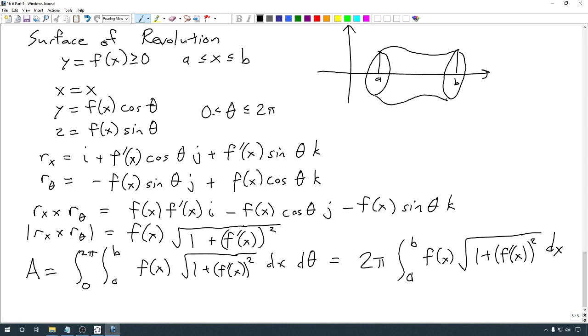This was in that part of Calc 2, but maybe not as memorable. But the point here is, once again, we have verified that the very general formula that we got for areas of surfaces that are parameterized does agree with all the formulas that we had from before.